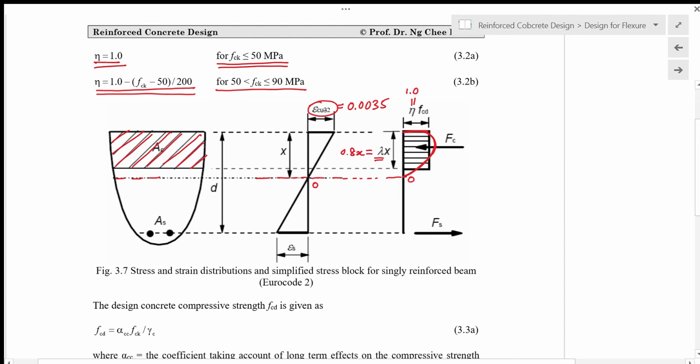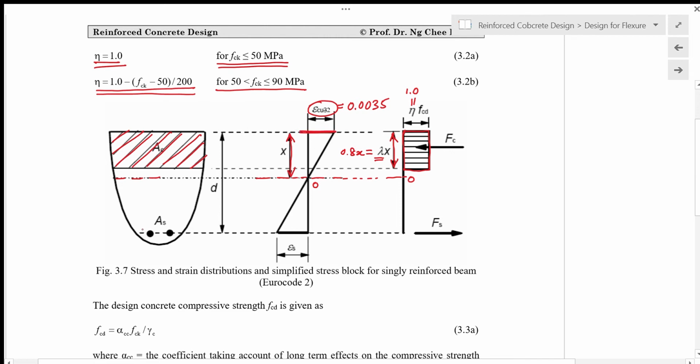But in deriving the design equation, we simplify this parabolic area into a rectangular area like this. The depth of the stress block here will be 0.8 times x, where x is the neutral axis depth measured from the most compressed part of the concrete.